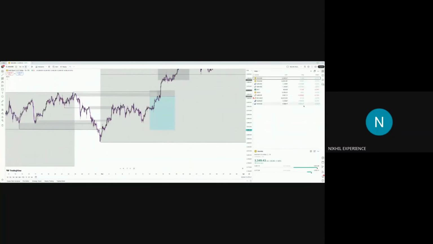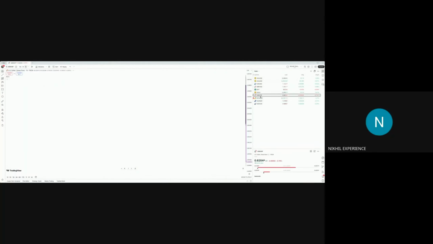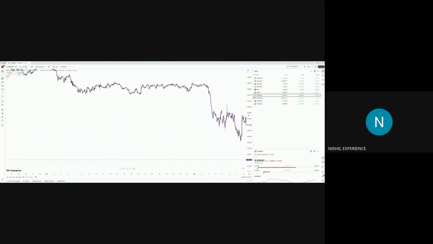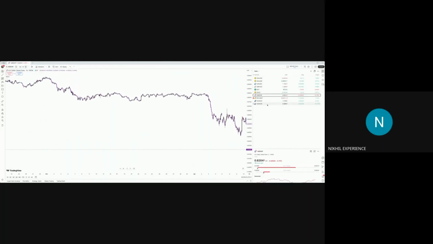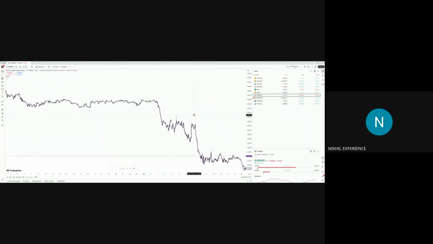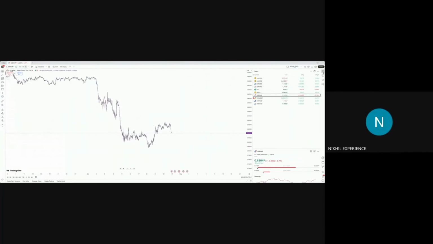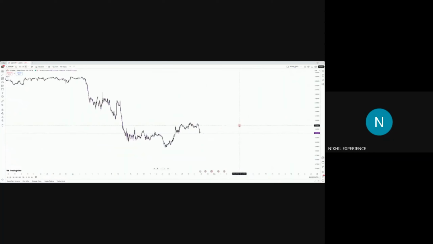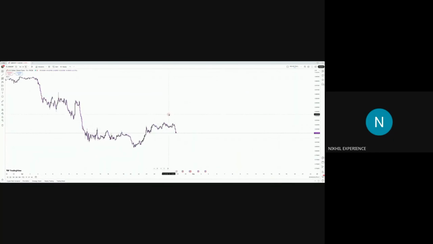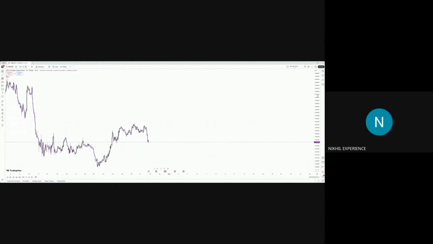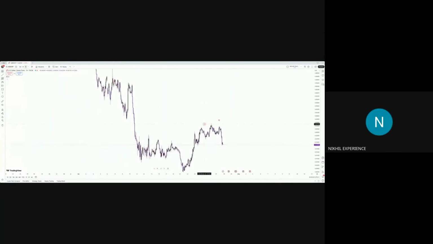Let me look for a pair that is in a downtrend to round this all up. Let's see. Here's the CHF. This one is bullish already.